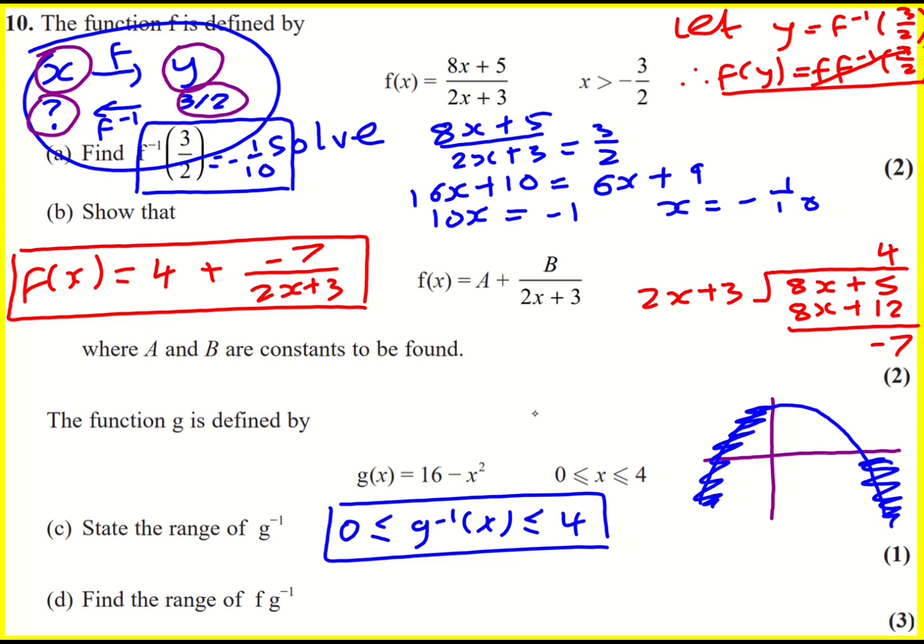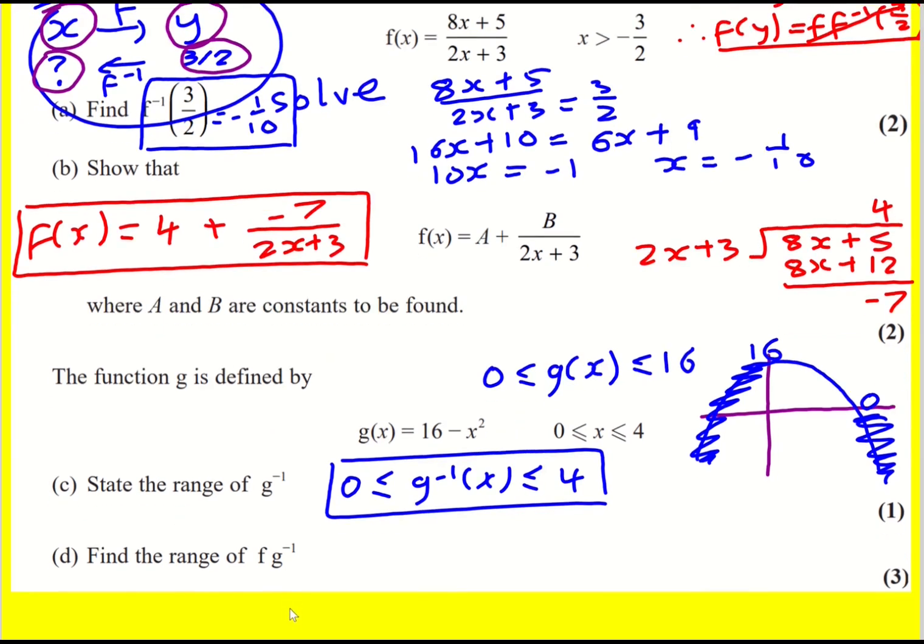So it's going to be between 16 and 0, because this value is 16 when x is 0, and this value is 0 when x is 4, and you can see it's just a decreasing function over this part. So I wrote that in: 0 less than or equal to g of x less than or equal to 16.